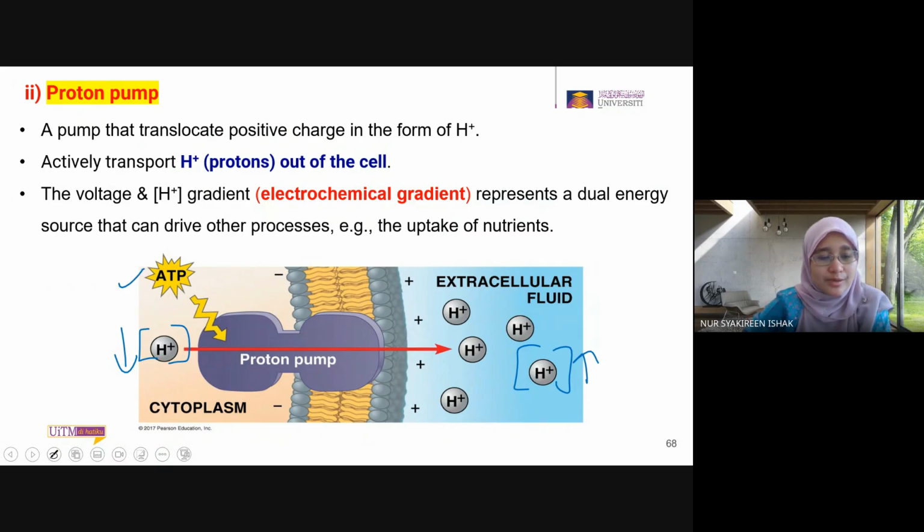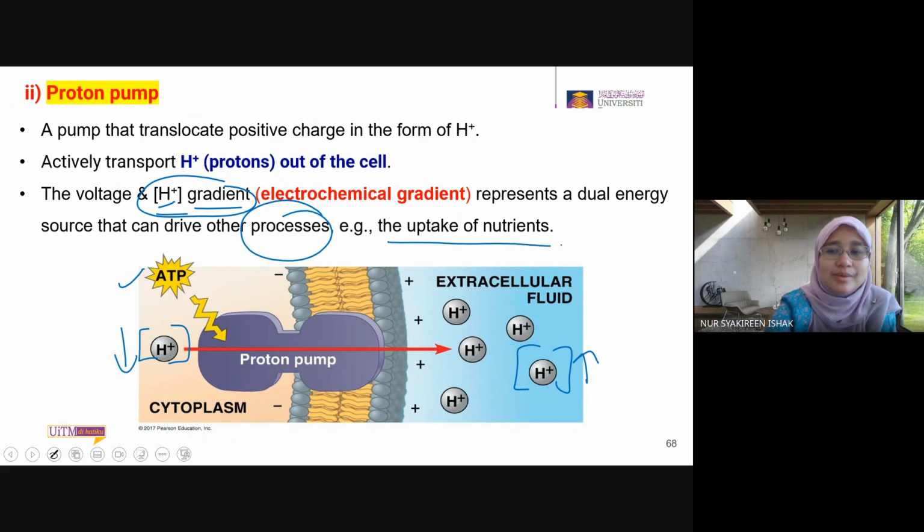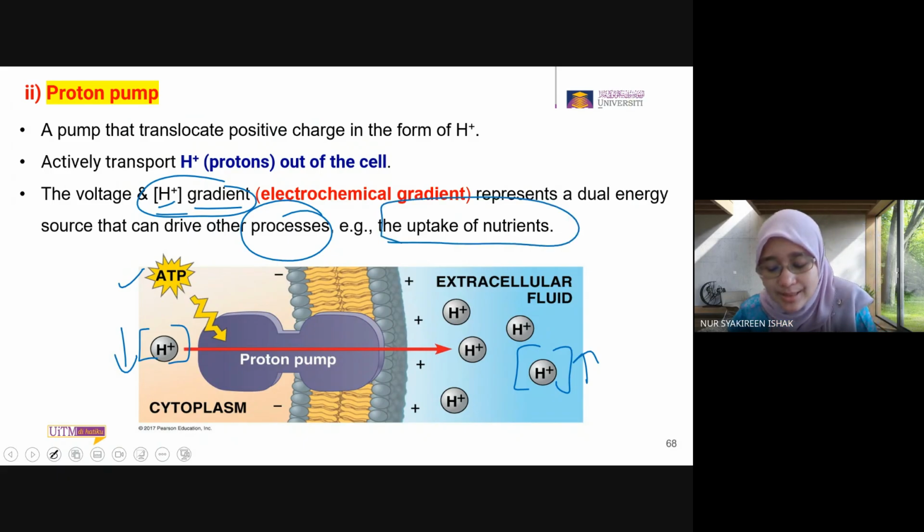So the voltage and the hydrogen ion concentration gradient, ataupun electrochemical gradient, represents a dual energy source that can drive other processes such as the uptake of nutrients. Okay, kita tengok application dia sekejap lagi.